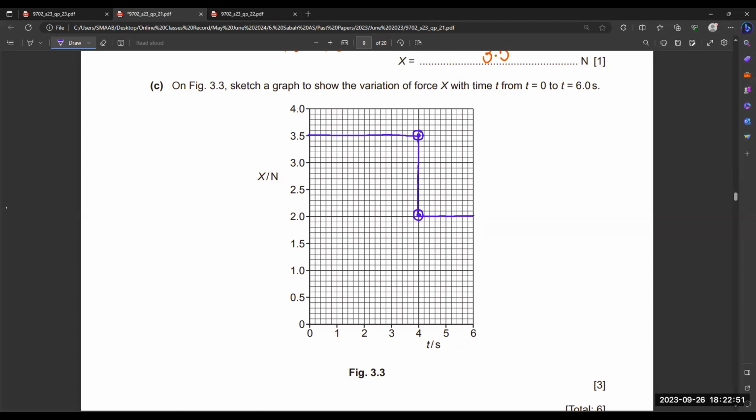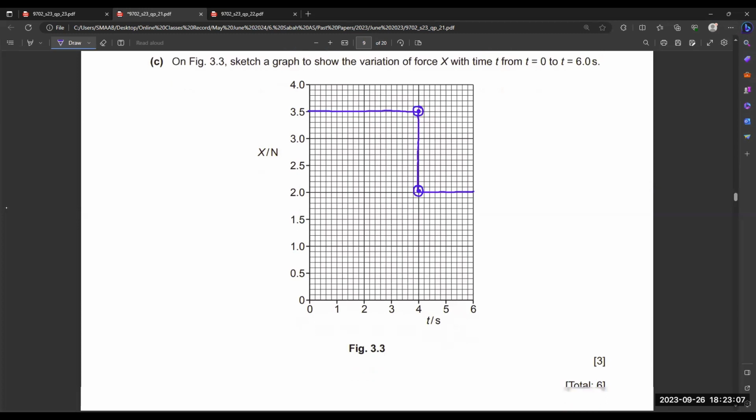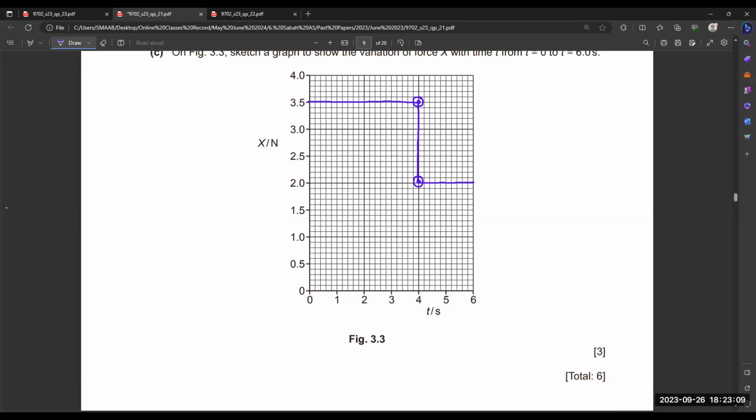Yes. And the line has to be exactly a straight line, right? Because this only shows you the value of the force, and till 4 seconds there is a constant force acting, that is 3.5, and after that only the force of friction 2.0 is acting, so again there will be a straight line. Okay, it's also very simple.